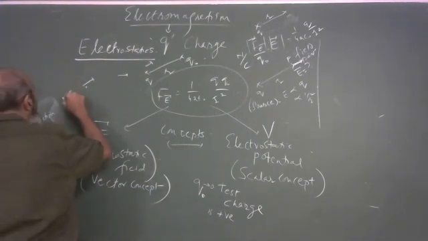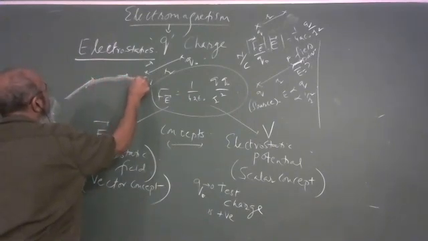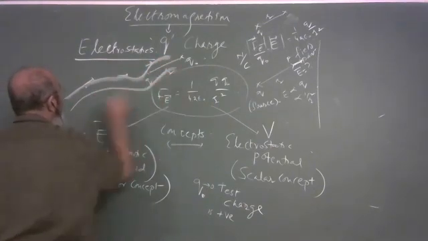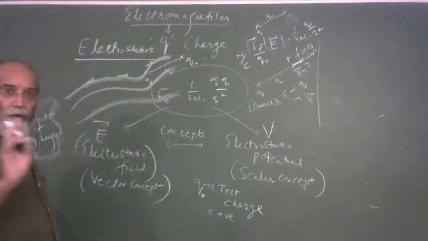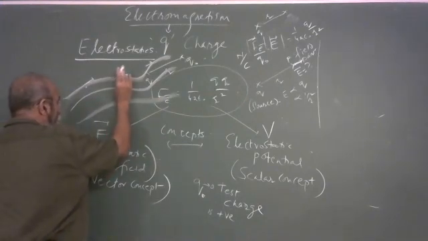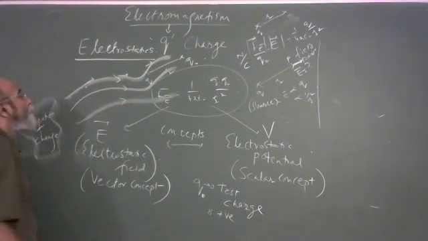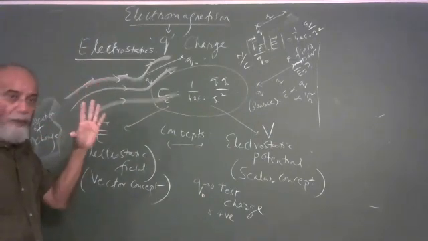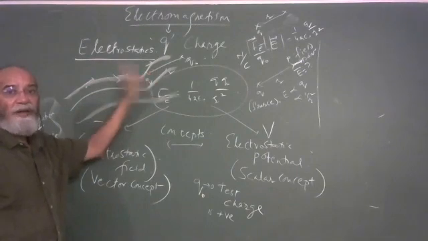Then I made a number of such arrows. And then I drew a line such that these arrows were tangent. And then when I took the tester and I put it here, it gave me this. This line, which was tangent to all these little vectors which my tester gave me, this line becomes the electric field line.